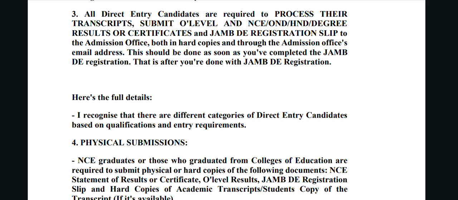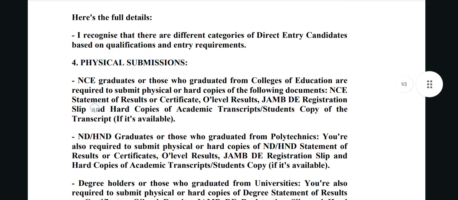Some people graduated from the polytechnic, some from colleges of education, while some are first degree holders. Each of these candidates has a specific process, and depending on the qualification they have, they are going to follow the process one after the other. So let's move ahead now.